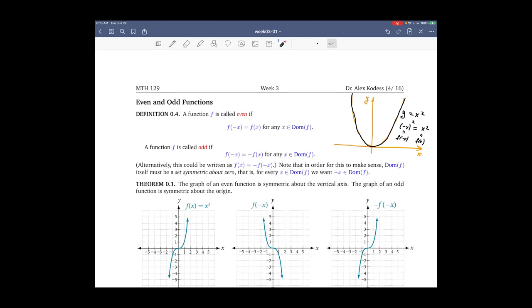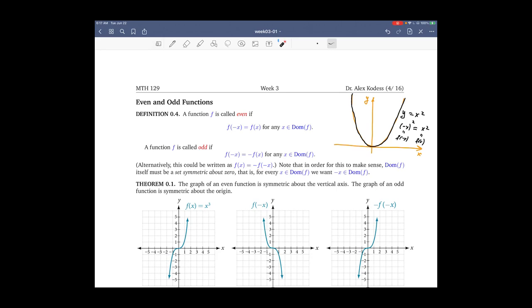A function is called odd if placing a minus sign in front of the argument corresponds to placing a minus sign in front of the function. Which you can also write as f at x equals negative f at negative x.